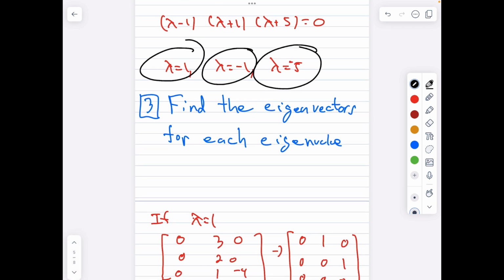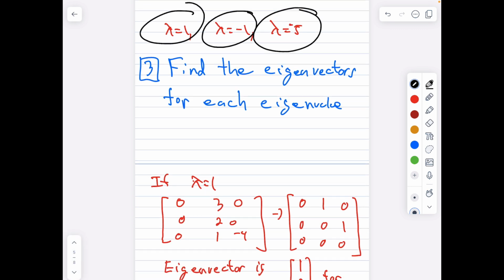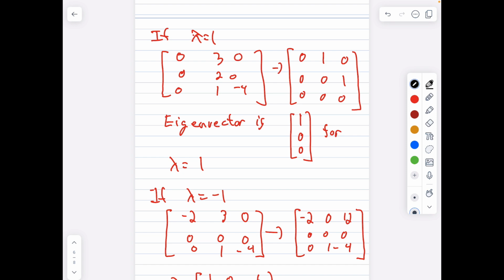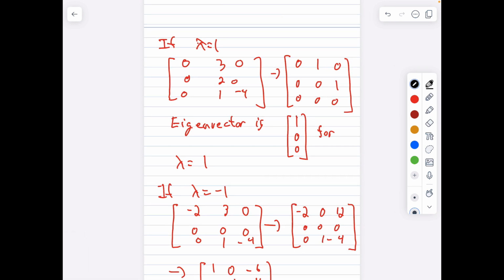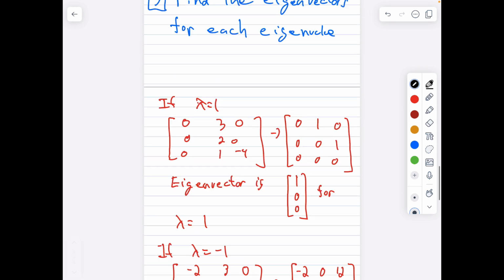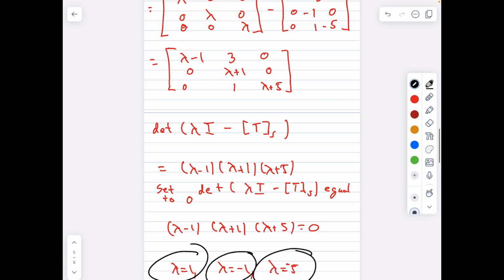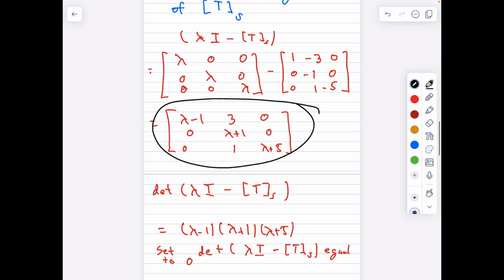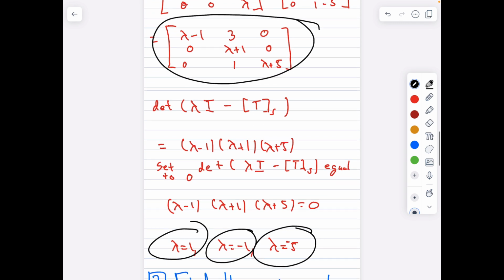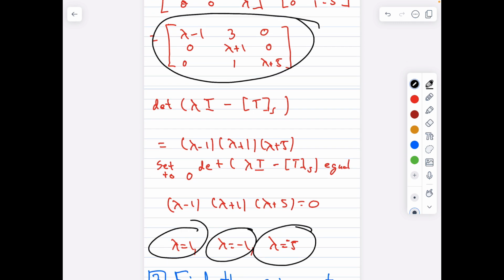And I'm going to now get the eigenvectors. That's what I really want, and I will get 3 eigenvectors here. So if you let lambda equals 1, you're going to go back to the matrix that you formed over here, lambda I minus TS, which is basically when you take the matrix with the lambdas and subtract the matrix that was given to you here, or you formed.